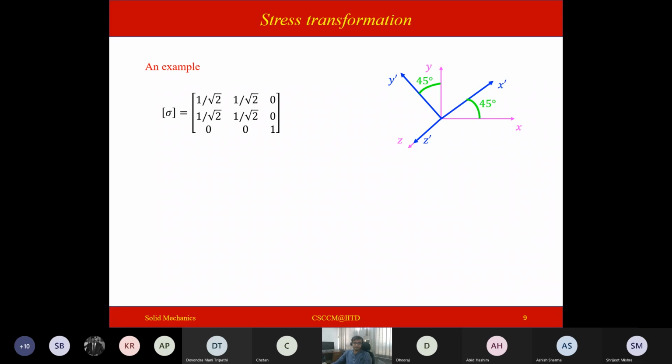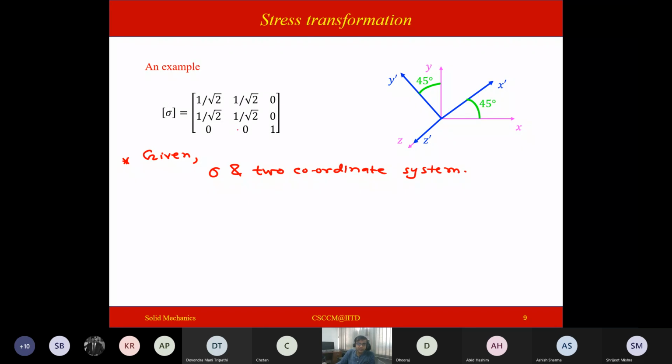So this is another problem, and this problem is related to stress transformation. So let me define the problem first. What we have been given is sigma, and two coordinate systems.